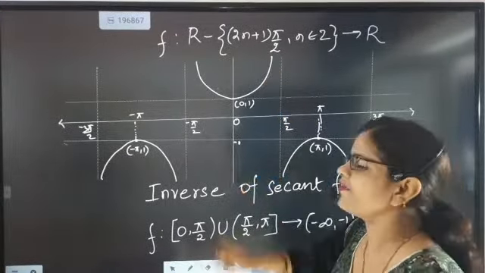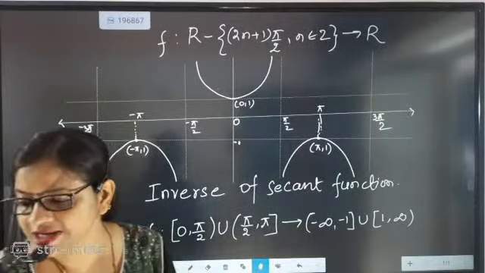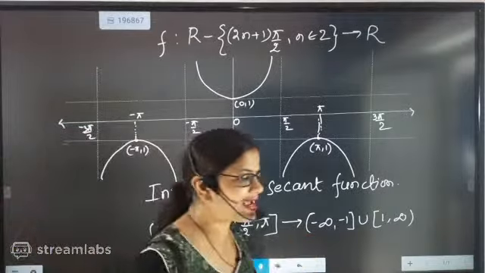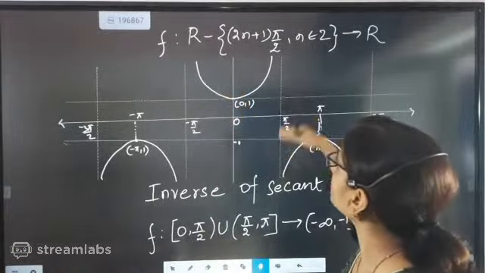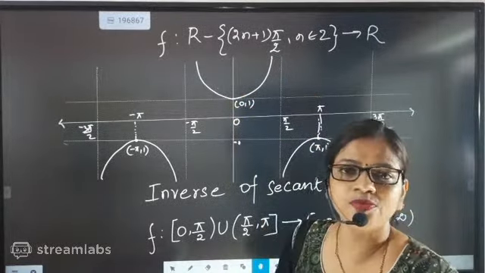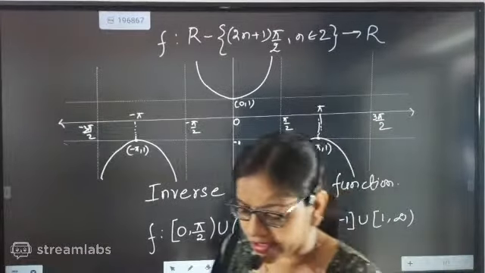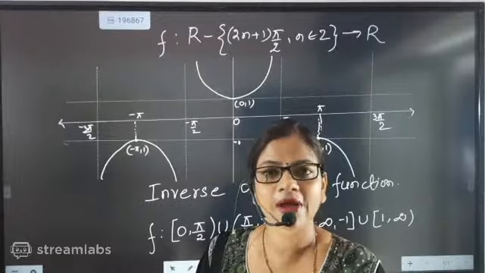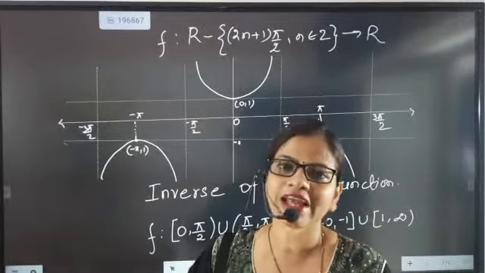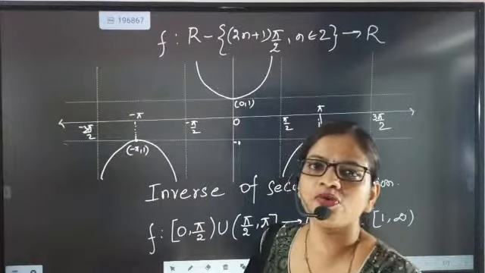The curve will break at every pi by 2, 3 pi by 2, 5 pi by 2, 7 pi by 2, 9 pi by 2, and also at minus pi by 2, minus 3 pi by 2.